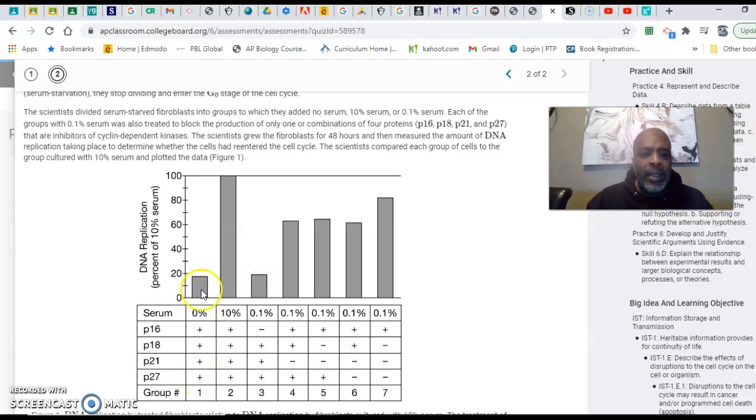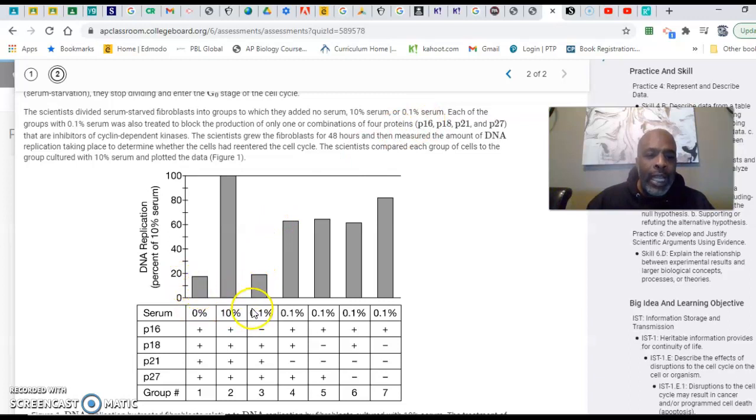So the absence of P16 really has no effect on DNA replication, because it's the same as 0% serum, and remember, these are serum starved fibroblasts.